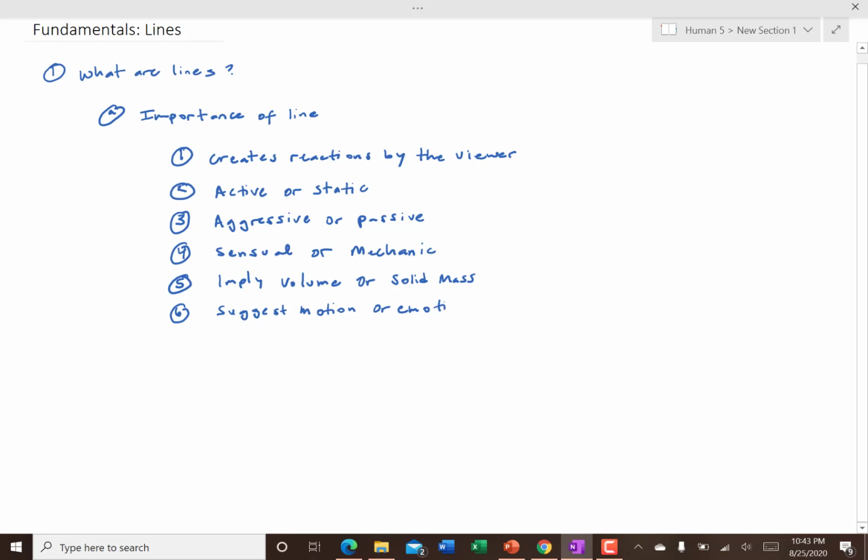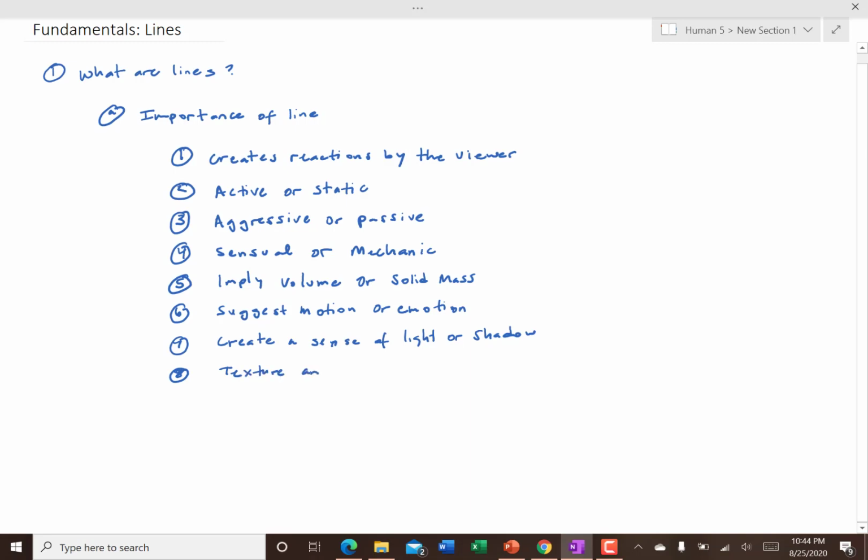And that goes with the active or static as well. It can also create a sense of light or shadow. And it can also create textures and patterns. So lines can do a lot.